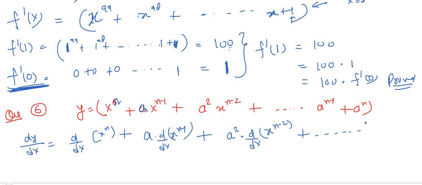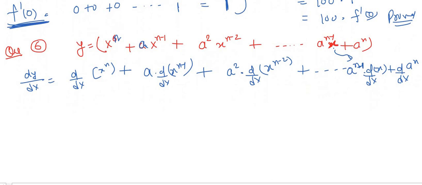Here, a raised to power n minus 1 comes in front of d by dx of x, and then d by dx of a raised to power n. Now if I differentiate each term, what will happen? The formula directly gives n into x raised to power n minus 1, plus a into n minus 1 into x raised to power n minus 2.